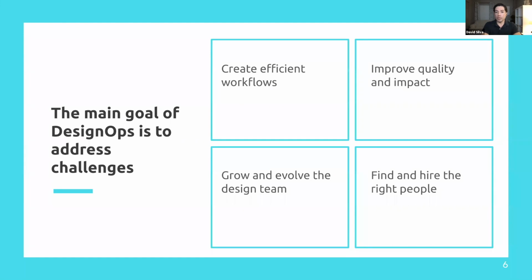And by evolving, I mean teams that have gone from one discipline to multiple, like when you have a team of UX designers, for instance, and then you start adding researchers, copywriters, front-end developers, and it becomes a very diverse team. And finding and hiring the right people with the right skills to complement the team.